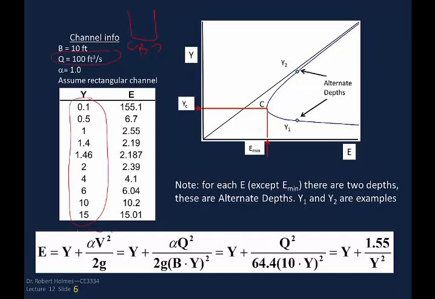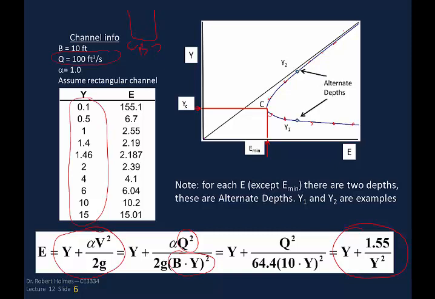Starting with the form in terms of velocity, through the continuity as I've mentioned, I can plug in Q squared over A squared, where A is b times y, and I can come up with an equation for the specific energy of y plus 1.55 over y squared. So I just plug in various values of y and plot those along this curve, and I can see that this is the form of the curve.